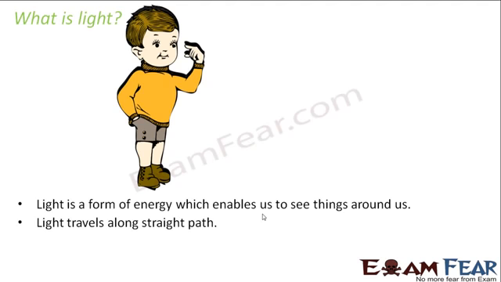Light travels along a straight path. These are some of the things which you already know from your junior classes. It is always said that light always travels along a straight path, it doesn't bend. Why was it assumed like that? Because in earlier days scientists had performed certain experiments and they told that light will never bend around corners. They always travel along a straight path.